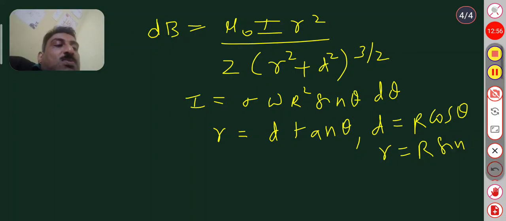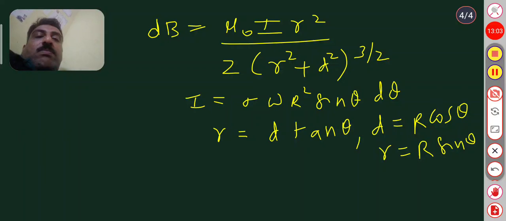So these are the relations we use here, and when you substitute, you will get the magnetic field.